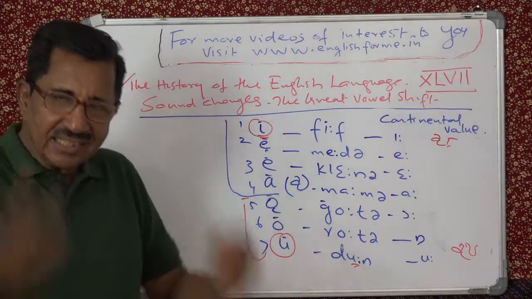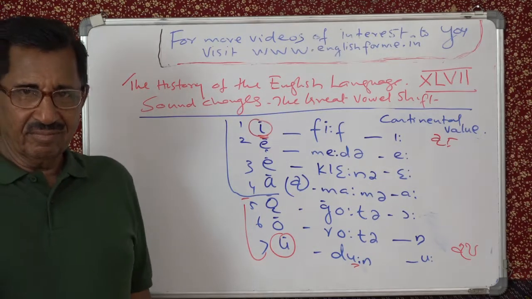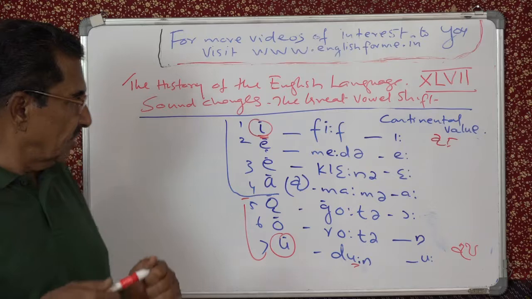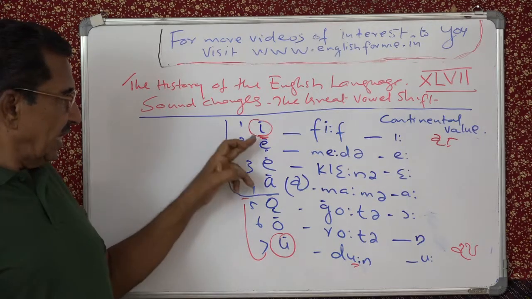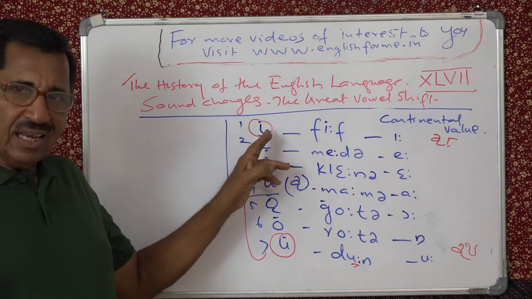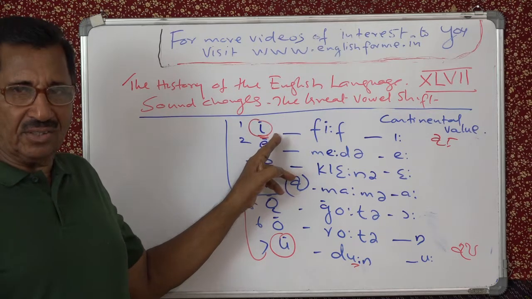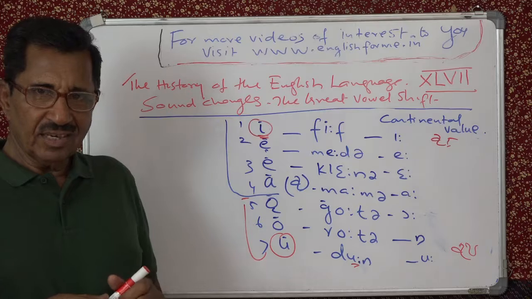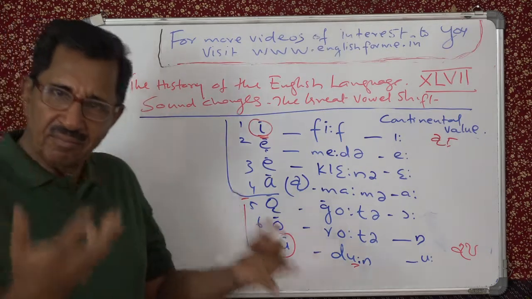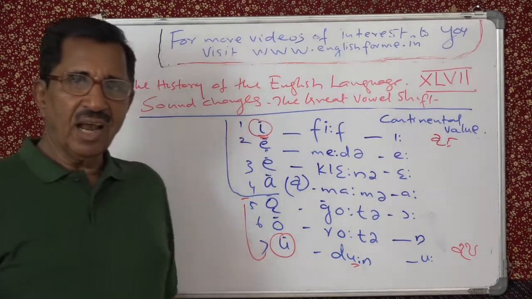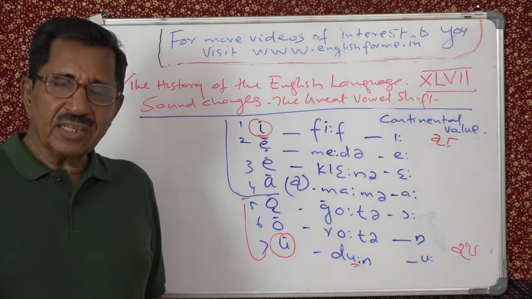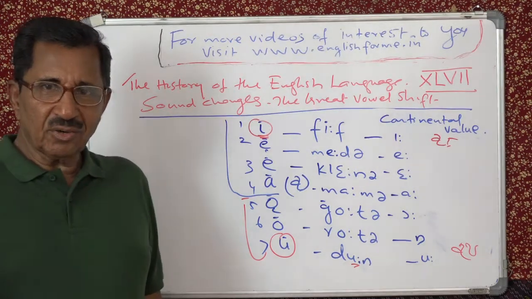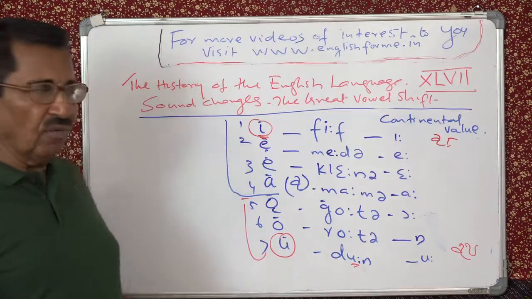Now, how did this happen? This happened because at the end of Middle English, early Modern English, vowels 1 and 7 became diphthongs. What is the cause for this?